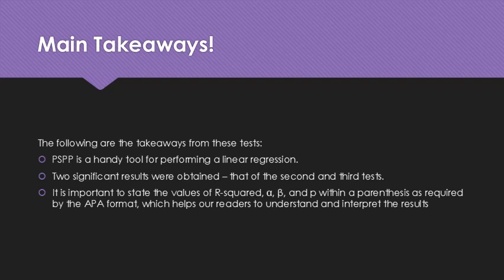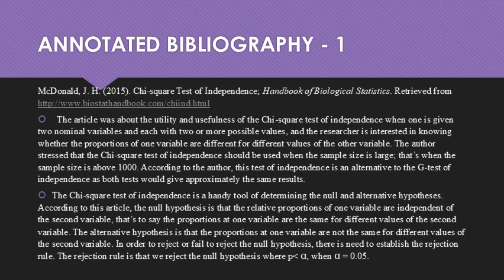It is important to state the values of the R square, alpha, beta, and p within the parentheses as required by the APA format, which helps our readers to understand and interpret the results. The second part of this presentation will be based on the annotated bibliography.